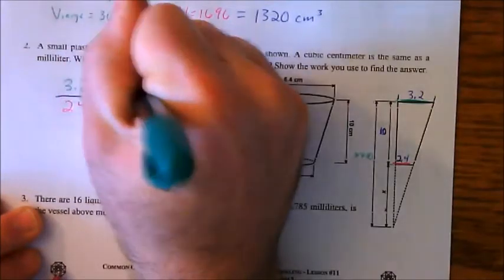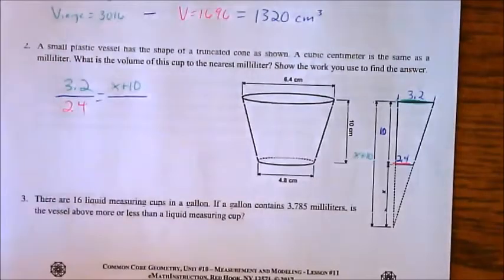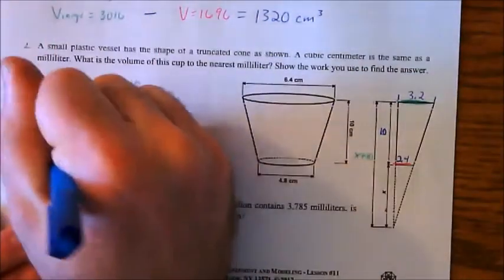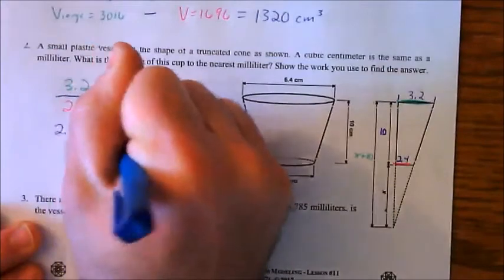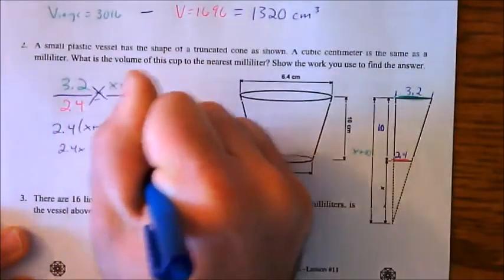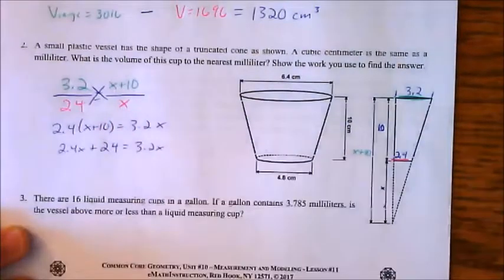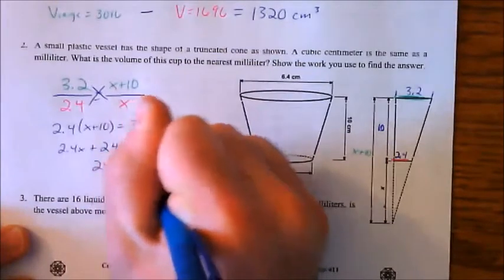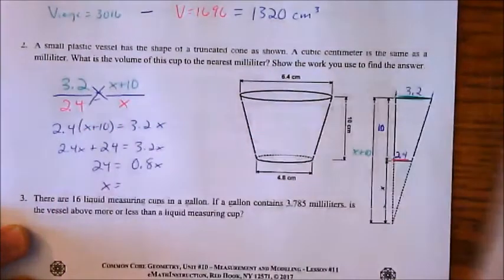So I'll use the same colors. So green, 3.2, to pink, 2.4. Alright, and then green would be, so this whole thing would be x plus 10. So x plus 10. And then this would just be x.